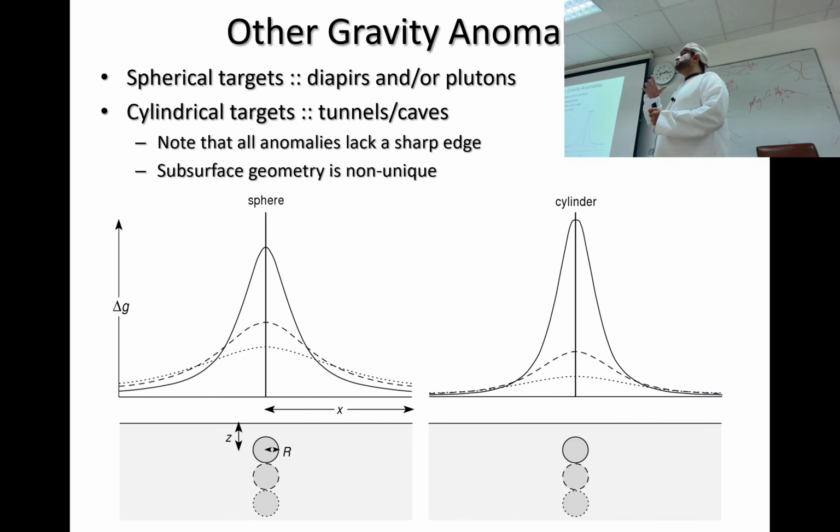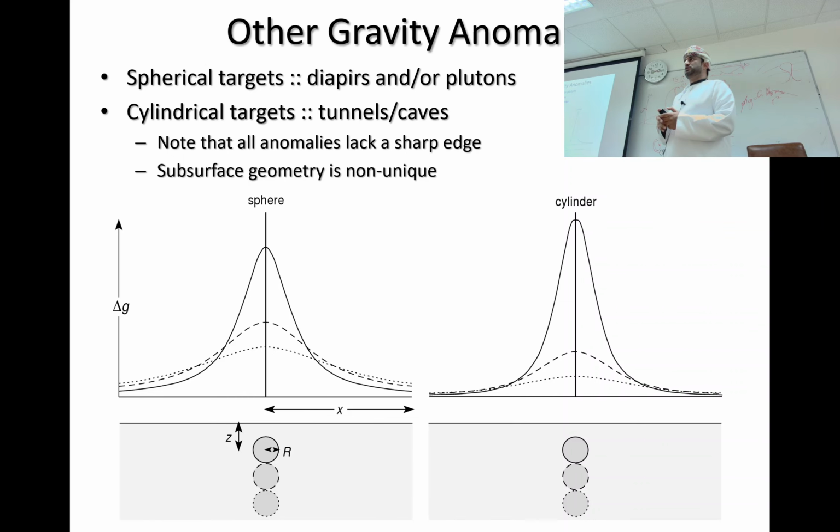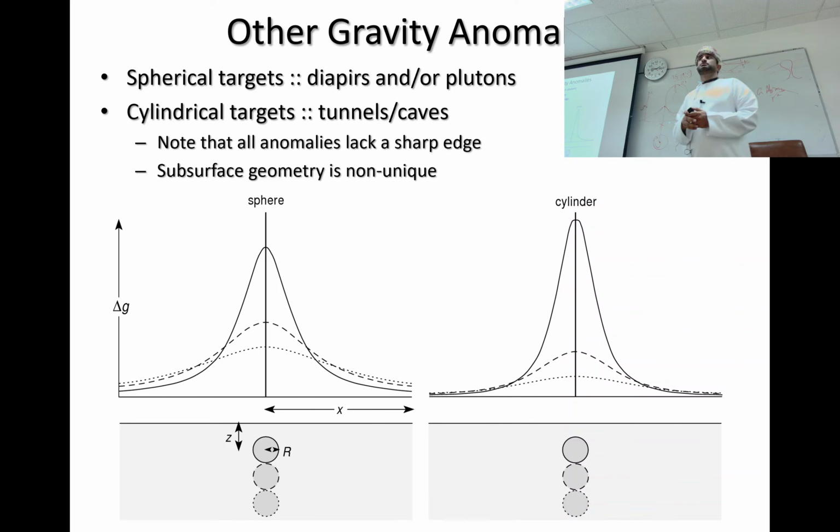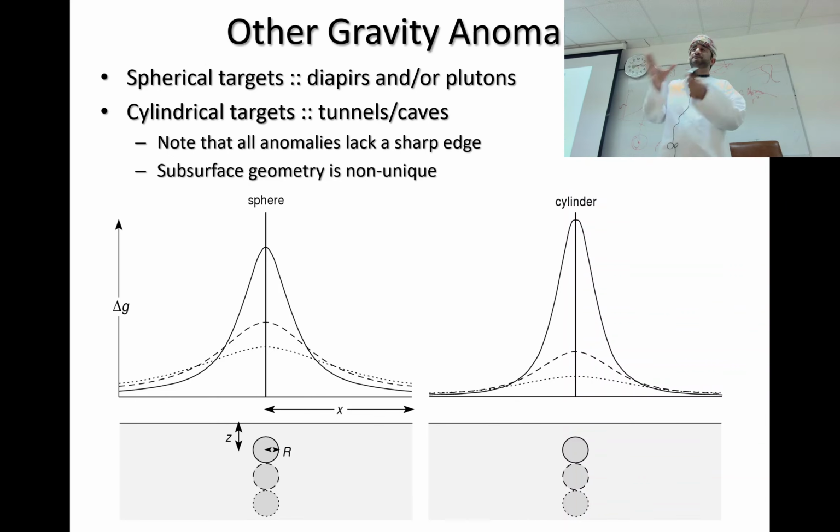More than one model can produce the same data. Can geophysicists do anything? No. You need to consult a geologist, bring in more data, or use another technique. Combine gravity with seismic, or gravity with resistivity.